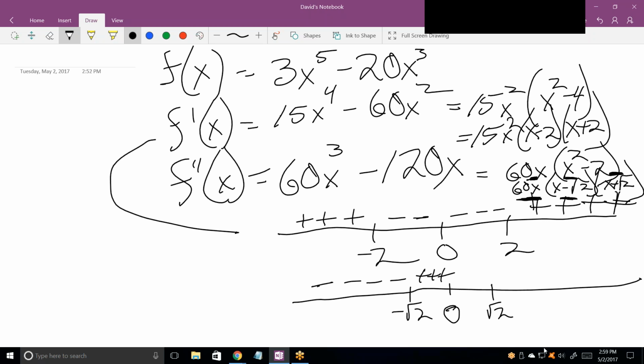That's plus, minus, plus. So that's minus. And then pick a number greater than that, like 2, and you got plus, plus, plus. So there's the line chart for the second derivative.